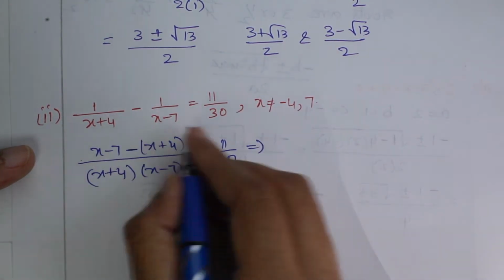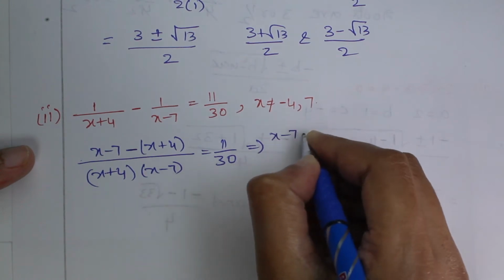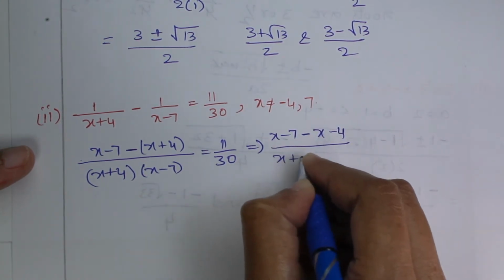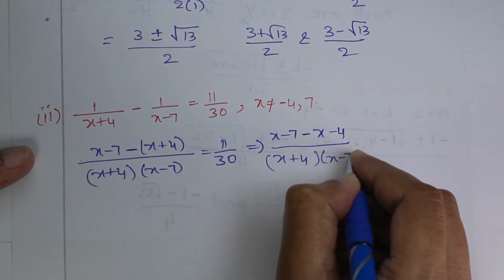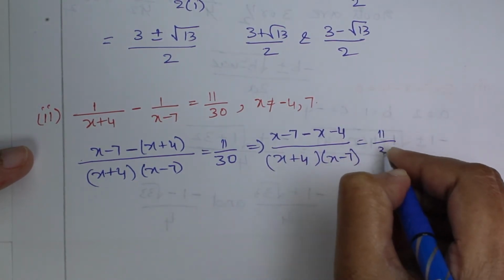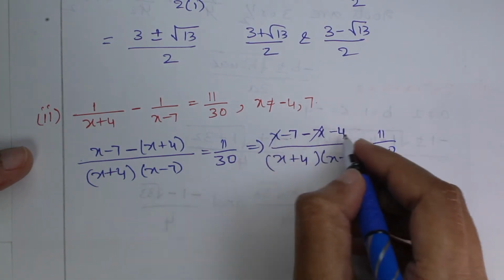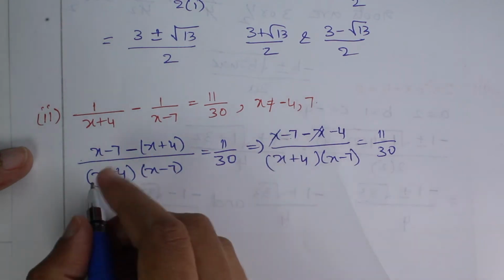That implies x minus 7 minus x minus 4 divided by x plus 4 into x minus 7 is equal to 11 by 30. Okay, here x gets cancelled. Minus 7 plus minus 4 is minus 11.